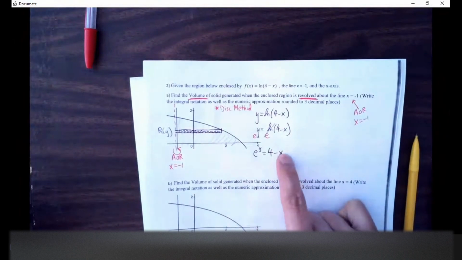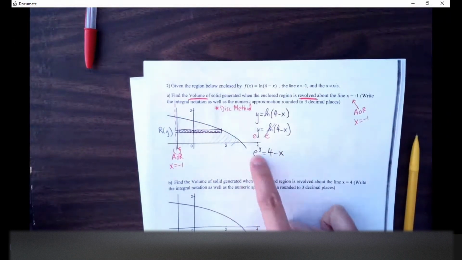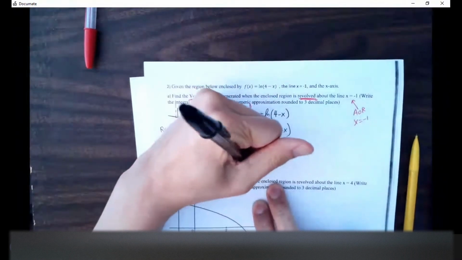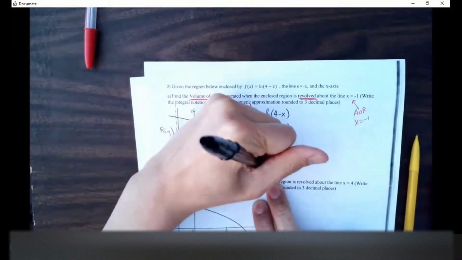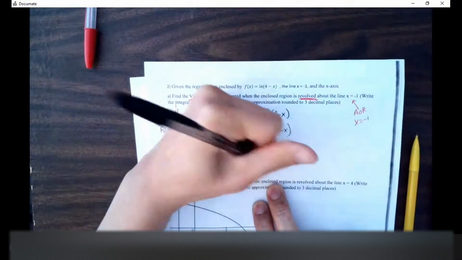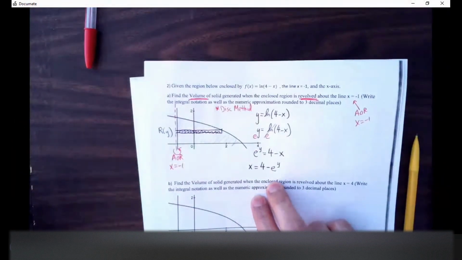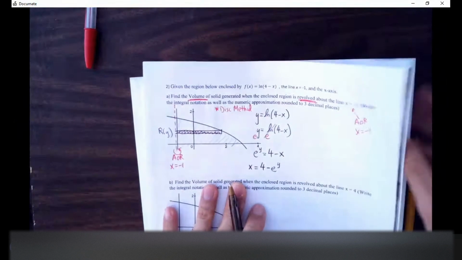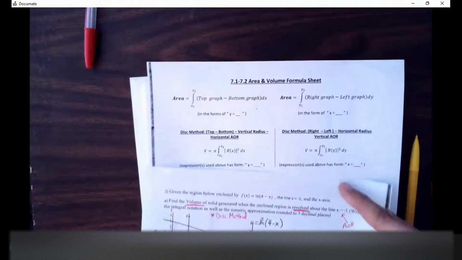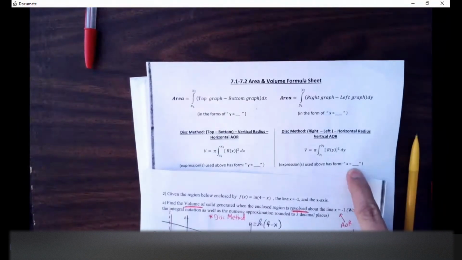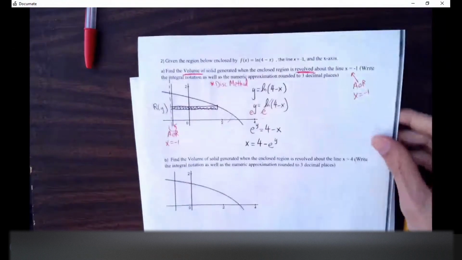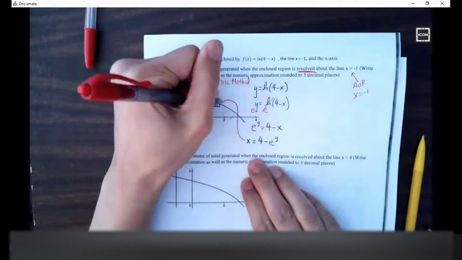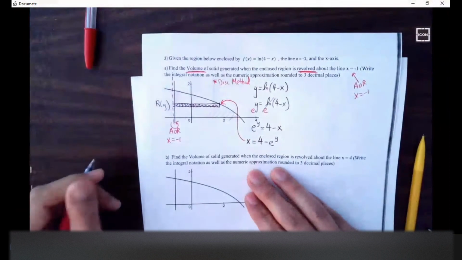This is a negative x, so I'm just going to add x to the left side and subtract e to the y to the right. Now we have something that is in perfect form for us to use for right minus left. We want our equation in the form of x equals. So this one's ready to go.